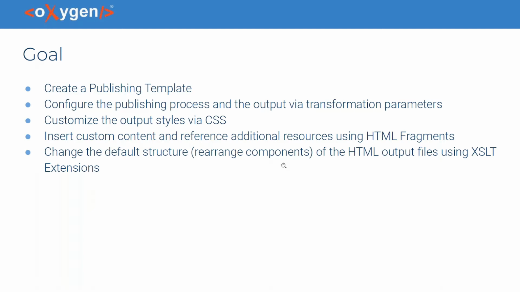After that, we will add some CSS styling to change the layout and the appearance of the generated HTML files. Next, we will enhance the WebHelp responsive output with some additional functionality. At the end, I will show you how you can change the order of the components that are part of the HTML output pages.